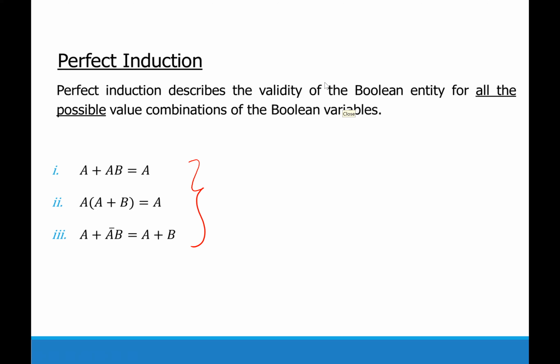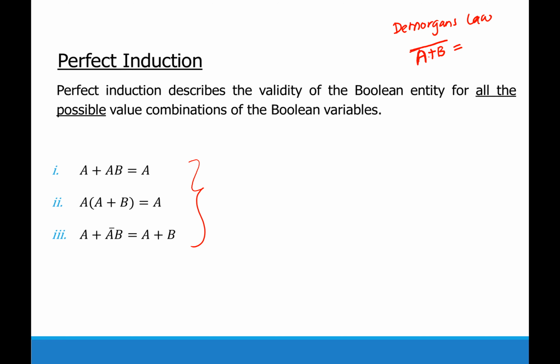Please explain the last one once. So the last one is De Morgan's law. If we have the complement of A plus B, here we have the complement for this summation.